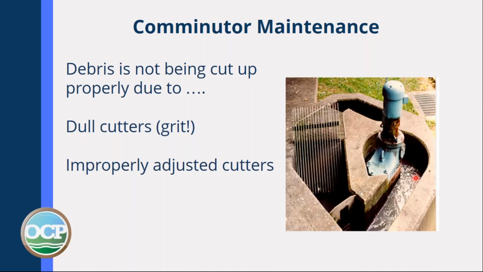And sometimes the cutters don't get adjusted correctly and are not taking care of the large pieces of matter that are coming through as well as they should. So again, if things are coming through, you might want to sharpen or adjust the cutters on the comminutor, and it will do its job.